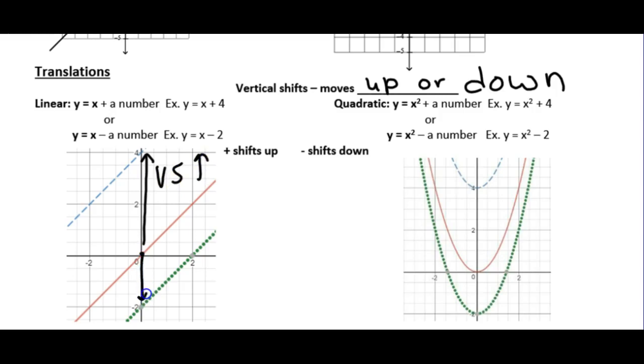We can really look at where it is crossing the y-axis. So that's a vertical shift down. Now, looking at the equation, I can also tell by the number that is after my linear term. If I have a plus a number, like +4, that is when it is vertically shifted up, and it actually went up 4.